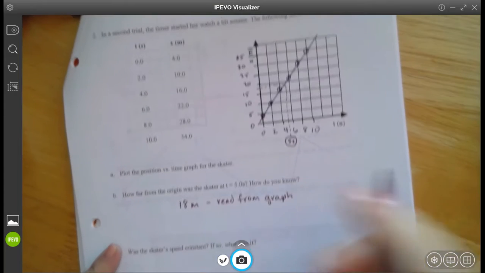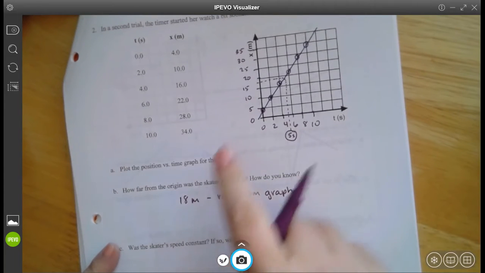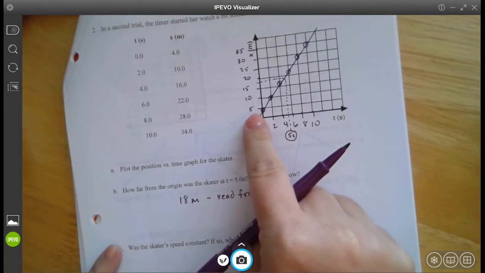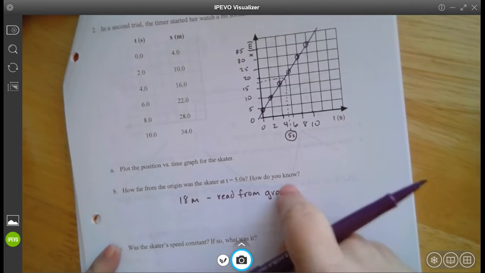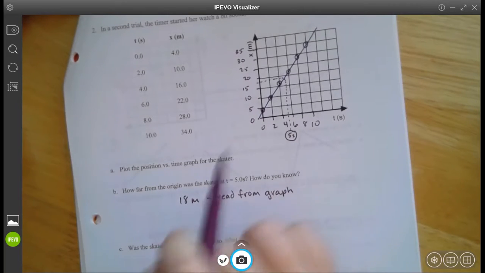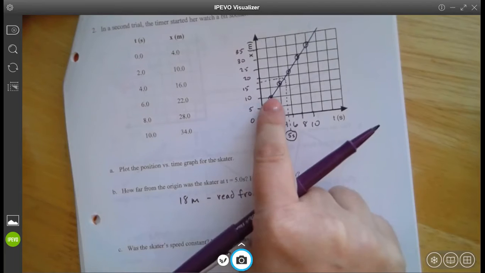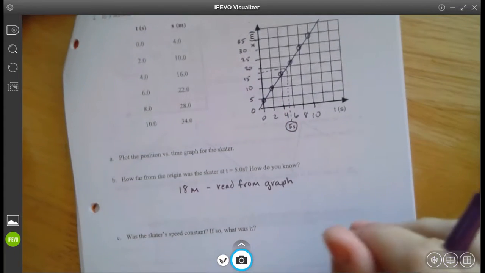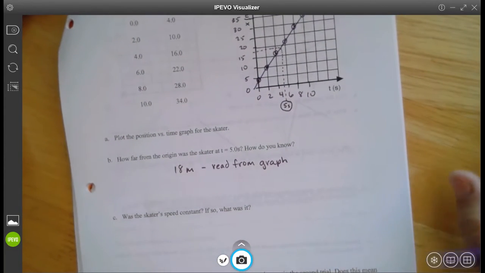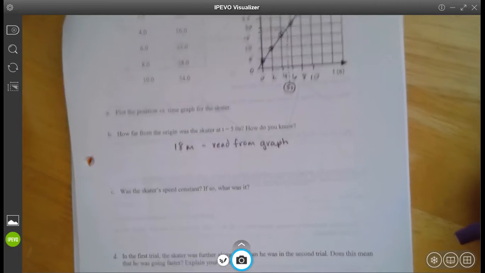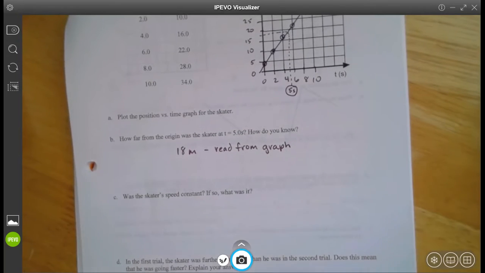That's okay. We could confirm this by finding the equation. That would be fine too, but it doesn't ask us specifically that we have to write the equation. So as long as your answer is consistent with the graph that you drew, then you're in good shape for this worksheet. Was the skater's speed constant? If so, what was it? We did a problem that was similar to this yesterday.